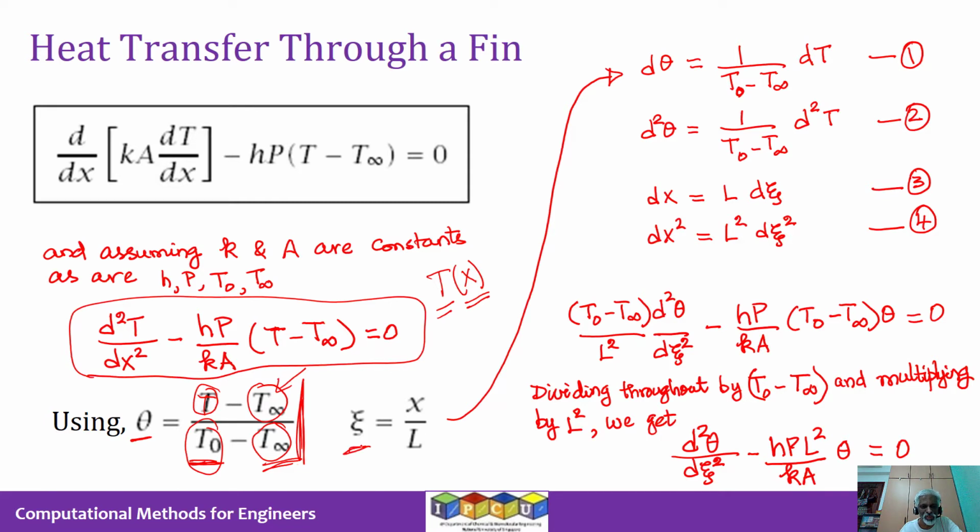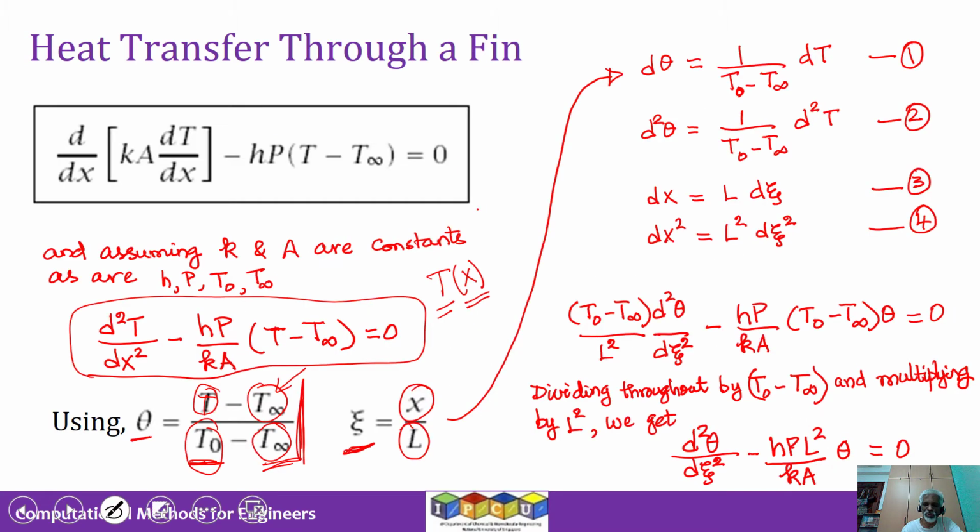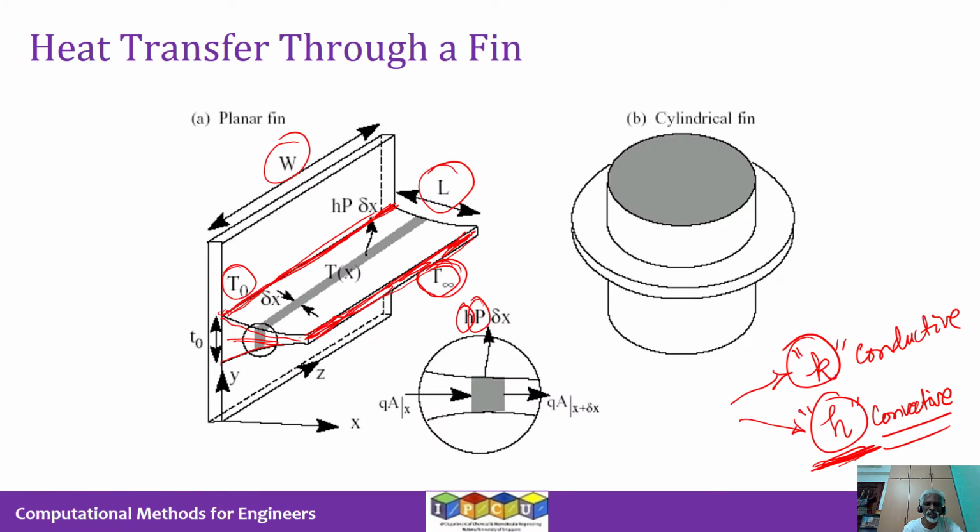So this is one dimensionless parameter we introduce. The other dimensionless variable we introduce is psi. Psi equals x divided by L. x is the position from the base of the fin. The base of the fin is counted as x is equal to 0. The other end of the fin is at x is equal to L. So x is equal to 0 is the base of the fin, and x is equal to L is the tip of the fin.